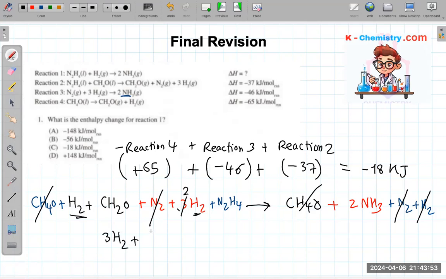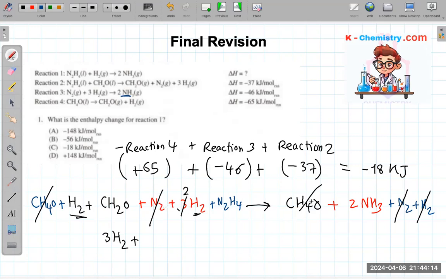And here, again, did I miss anything? Again, this is the black equation, N2H4, this one is reversed, so H2 and CH2O and CH4O. So this is done, the black one. And the blue one, N2 and H2, the same.